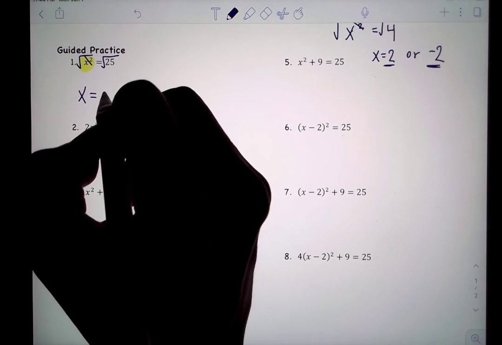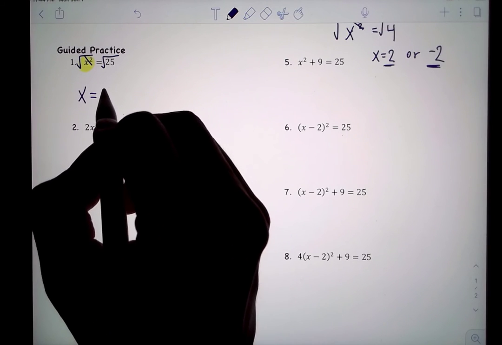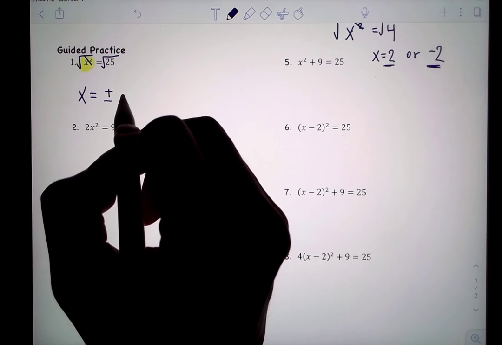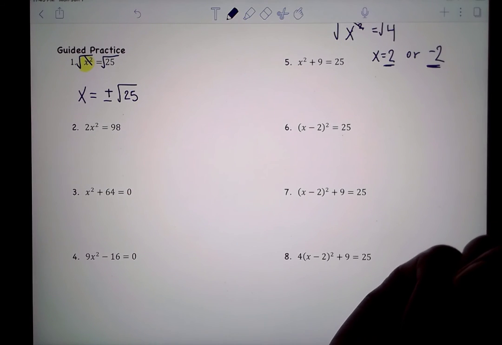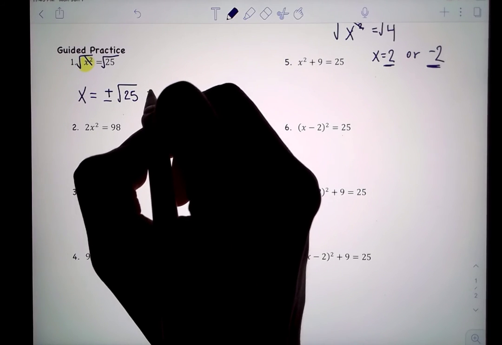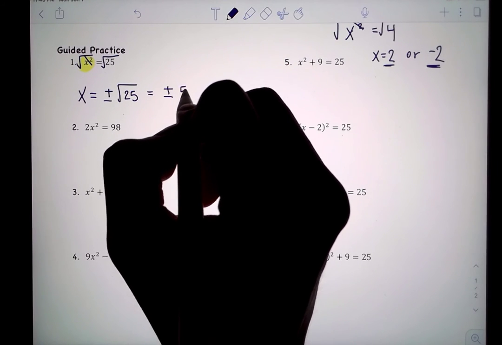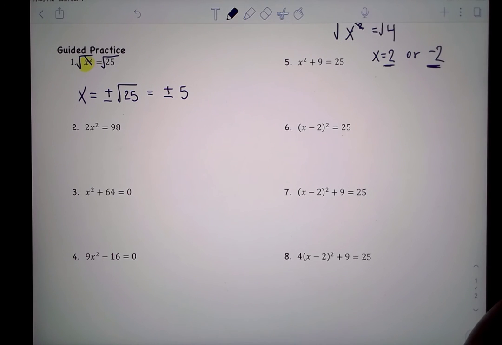And what do you get? Positive, negative. So you get plus, minus, square root of 25. What's the square root of 25? That's 5, right? So that is plus, minus 5, like this.